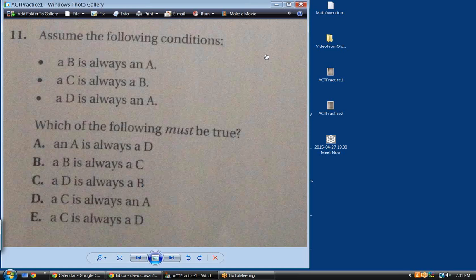So, if a B is always an A, and a C is always a B, and a D is always an A, what must be true? An A is always a D. No, just because a D is always an A doesn't mean that an A is always a D. In other words, a cowboy is an American.